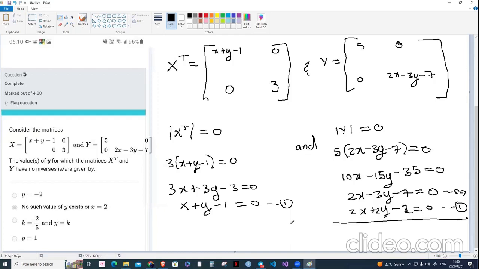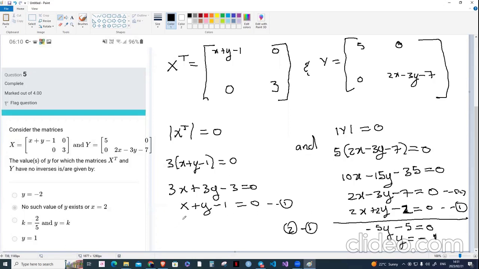And then I say equation 2 minus equation 1. This minus this will be 0. This minus this will be minus 5y. Then this minus 7 minus 2 will be minus 7 plus 2, which is minus 5, equal to 0. And then this means y, if I take this, it's going to be minus 5, I divide it by minus 5, I'm going to get minus 1.